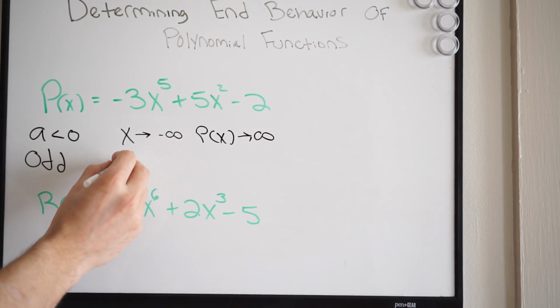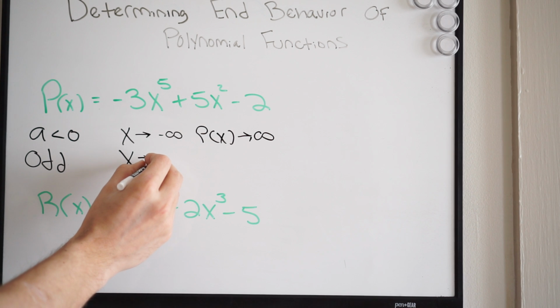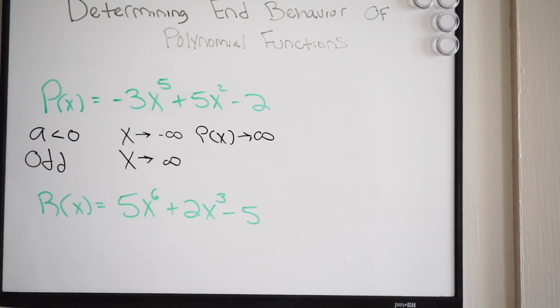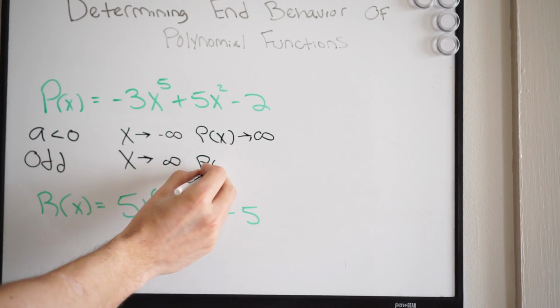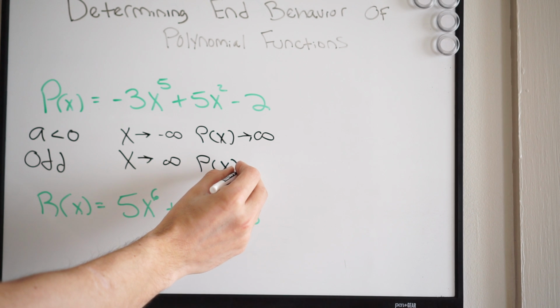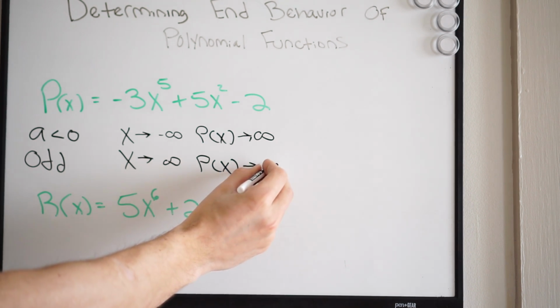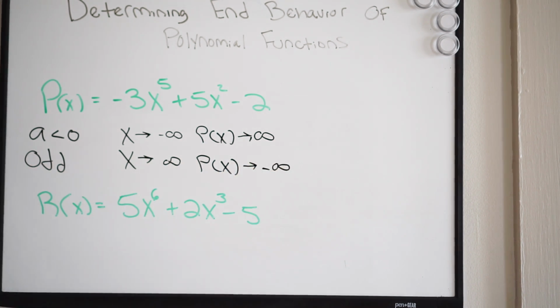And as x approaches positive infinity, p of x will approach -infinity. And again, this is coming right off that table. And that's it. Let's try another problem here.